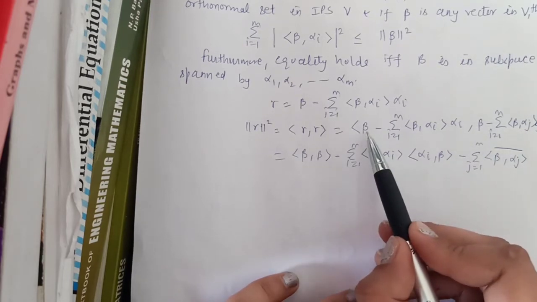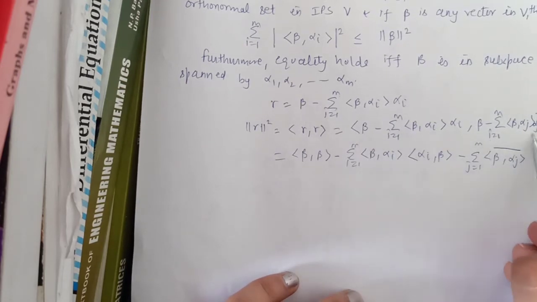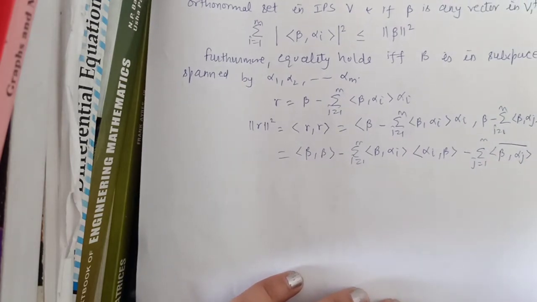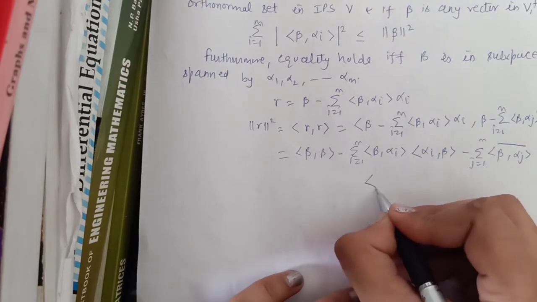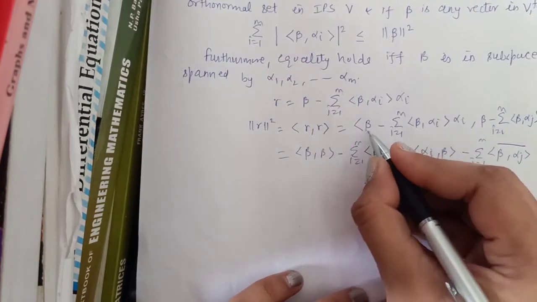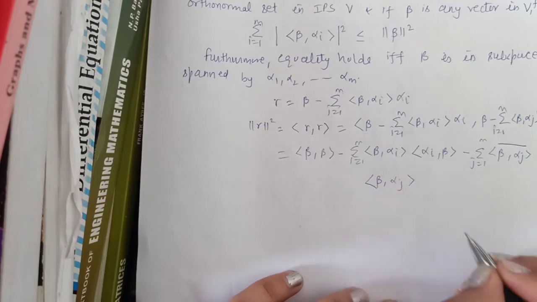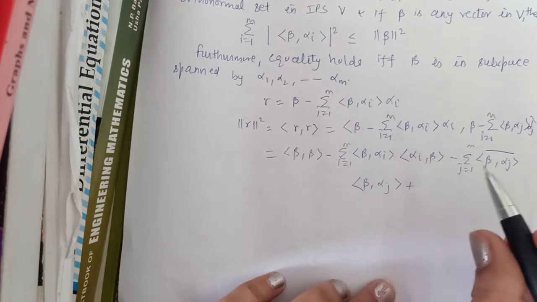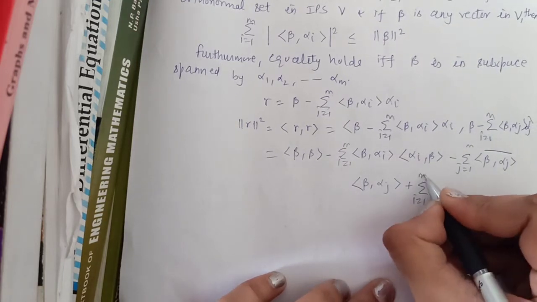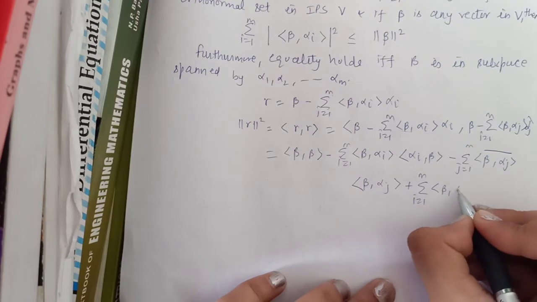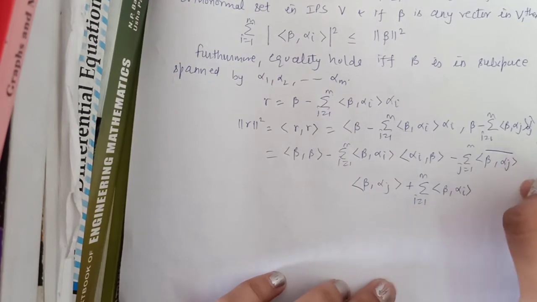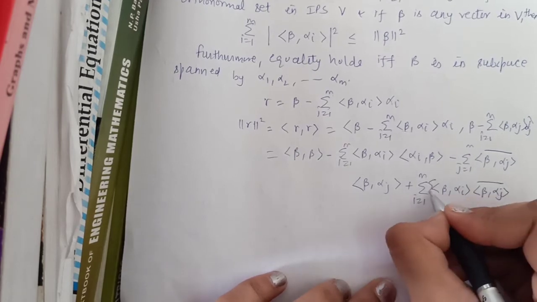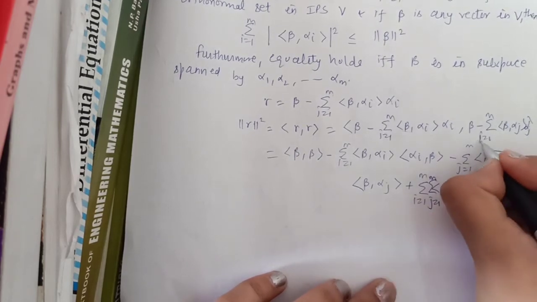Because now I am taking the inner product of beta with this second term, and the constants come out as conjugates from the second term, and we are left with the inner product of this beta with this alpha j, plus now the inner product of these two terms. Observe, from the first term this constant will come as such, but from the second term it will come out as a conjugate, and I'll write one more summation here.